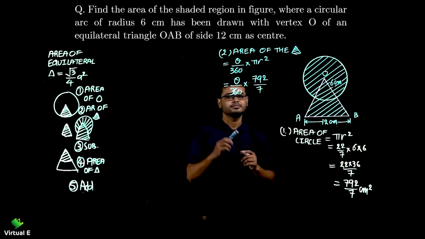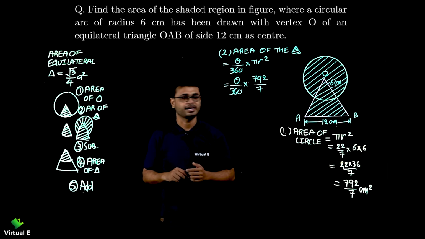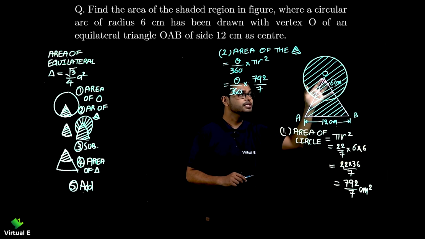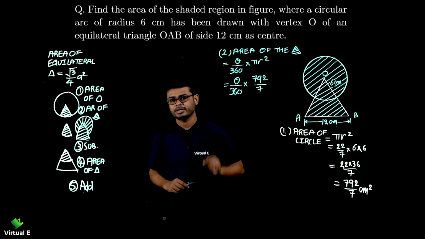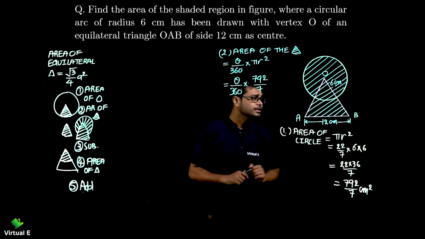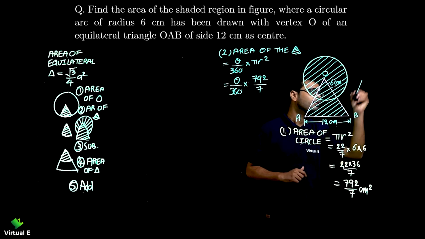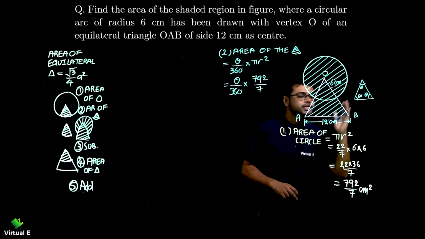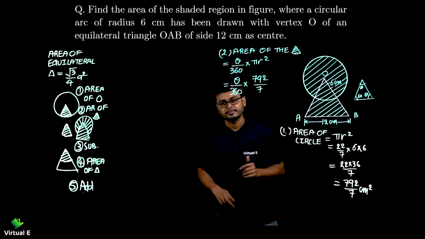Okay, so let's come to the properties of the equilateral triangle. There is a purpose to keep the center of the circle and the vertex of the equilateral triangle at the same point. The reason behind that, an equilateral triangle has all angles what? 60 degree. Remember, it has all angles equal, which is 60 degree, right?